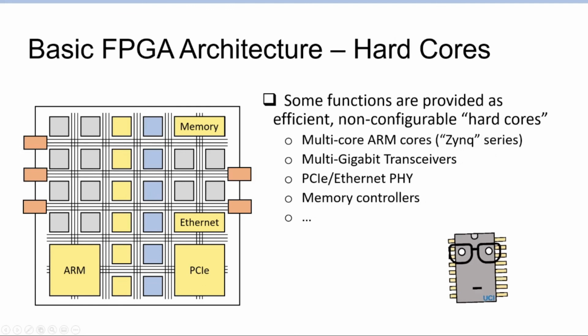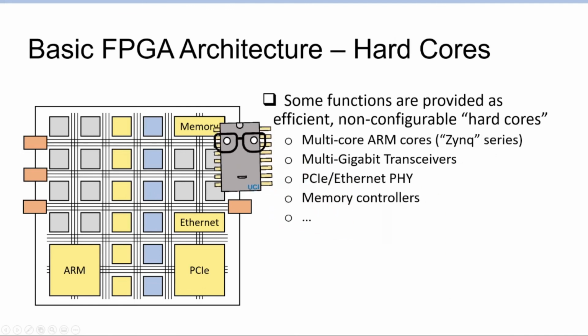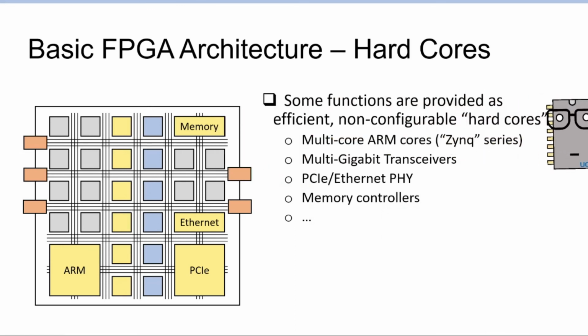These things are efficient because they're ASICs, efficient non-configurable blocks, which are sometimes called hard cores, as opposed to soft cores, which can be dynamically reconfigured, because these are cores that are fabricated onto the FPGA silicon when you buy them, so you can't really change them. Which are called hard cores.